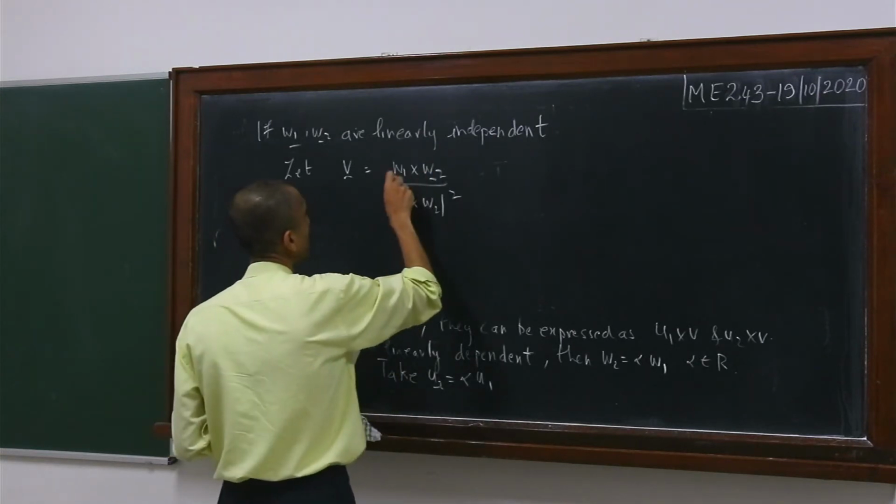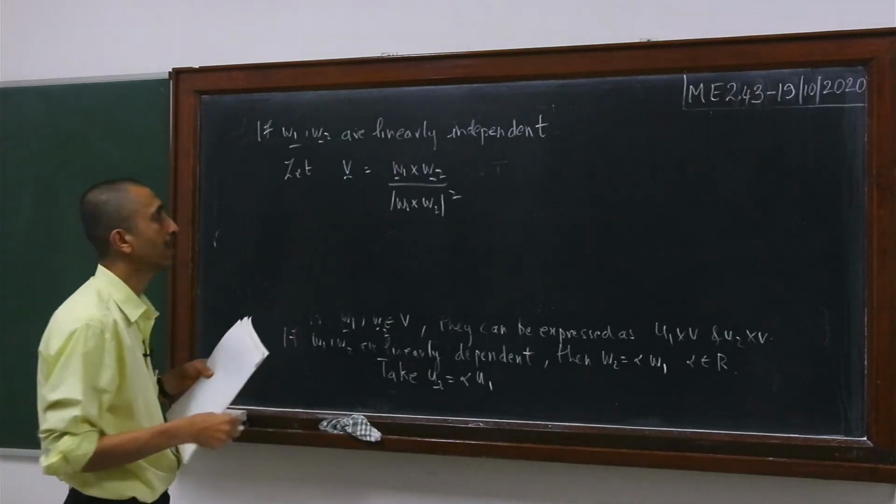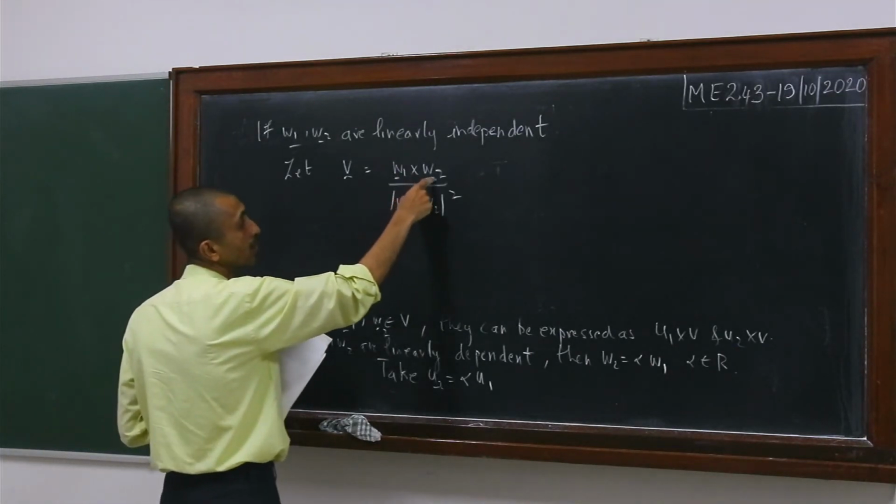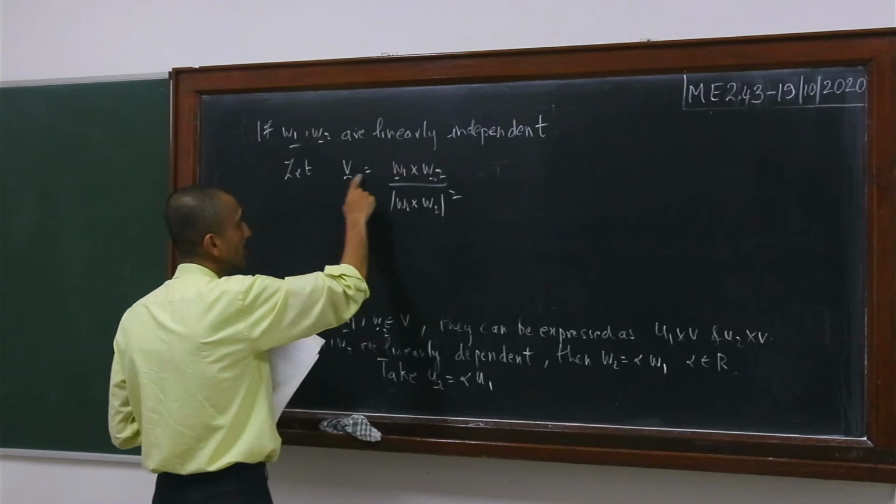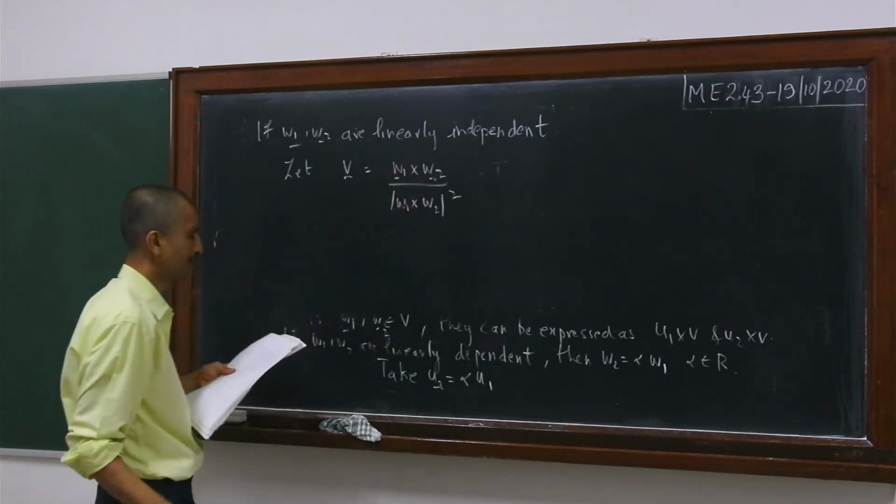Since W1 and W2 are linearly independent, this W1 cross W2 is going to be a non-zero vector, and so we are okay with this kind of a definition here.